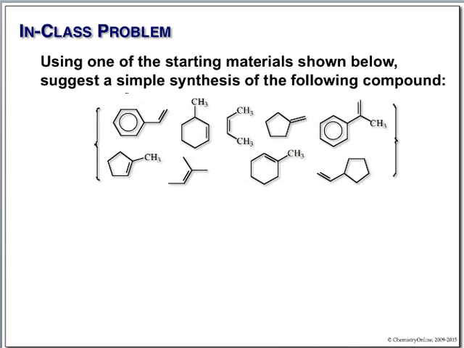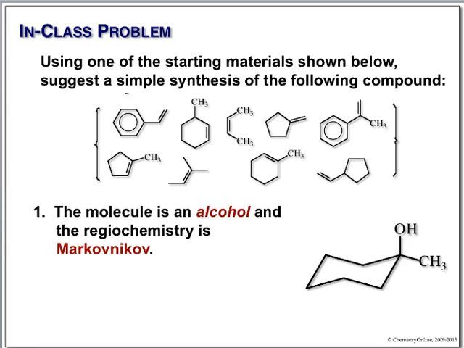Our next one, different assortment here, and we're making a methyl cyclohexanol. All right, what do we say to ourselves? What kind of compound is it? Well, it's an alcohol.